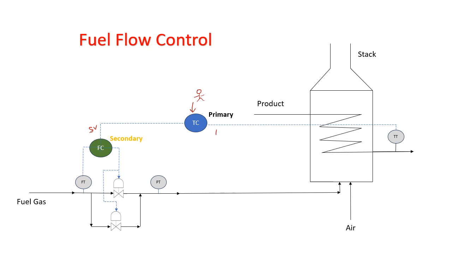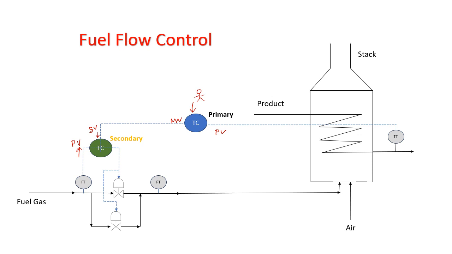Okay, so the TT is giving the PV and it is generating the MV. The MV acts as an SV to the secondary controller, and the secondary controller gets the process variable from the flow transmitter, and depending on the set value and this PV, it will generate an output to regulate these two valves.